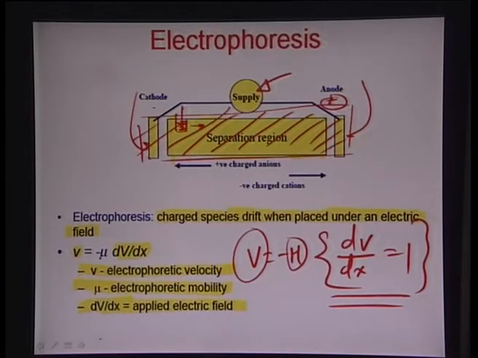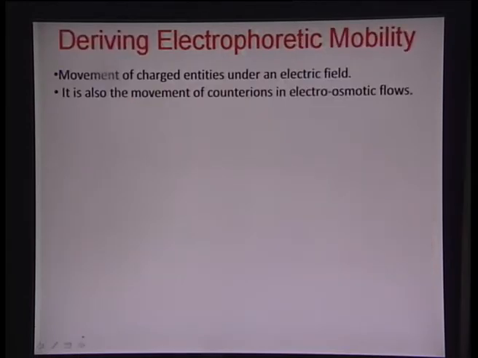Here we try to build an identical model for a charged particle by deriving what the electrophoretic mobility of that particle will be once you take it through a medium or some kind of an ionic fluid. Okay. So electrophoresis again is the movement of charged entities under an electric field, and also the movement of counter ions, that is in electroosmotic flows. So a couple of important things we would like to illustrate real quick here.